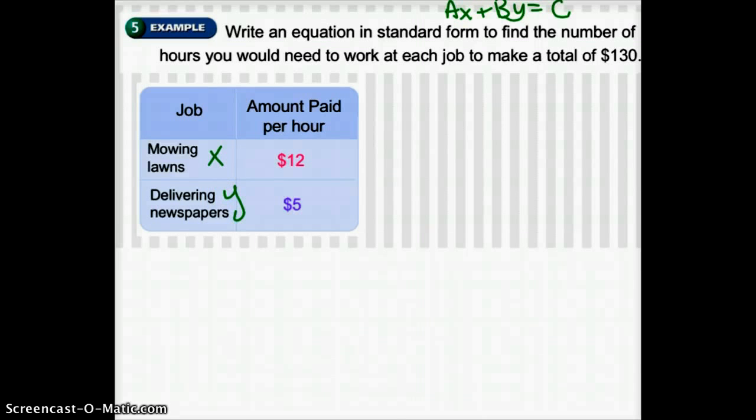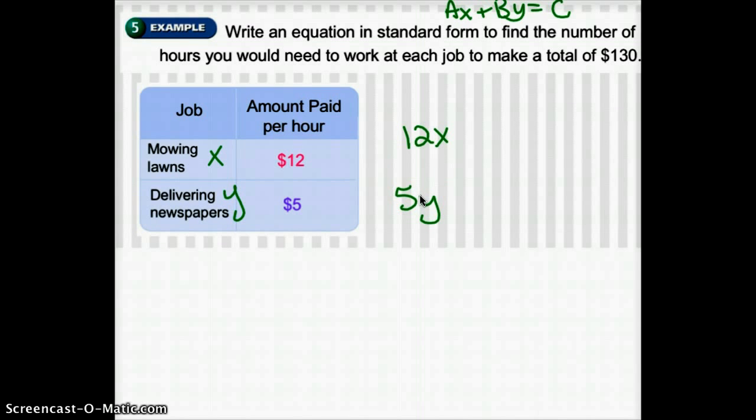Okay, and when I think about how much money I'm making, if I'm mowing lawns for X hours, and I'm paid $12 an hour, I would get 12 times X for my lawns. If I'm delivering newspapers for Y hours and getting $5 an hour, I would make 5 times Y for newspapers.